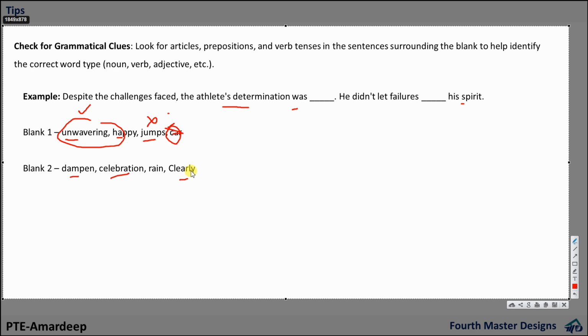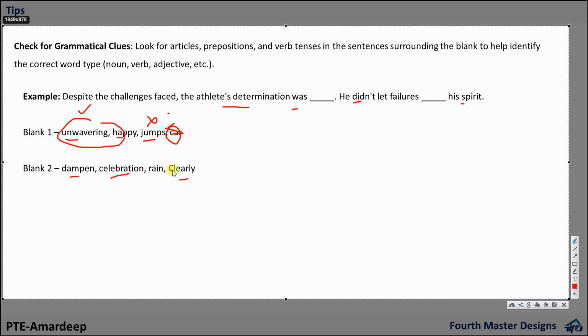So what you understand here is that if you know the meaning, then you just go with it. Let's say if dampen is not there, and there are options like reduce, celebrate, increase.